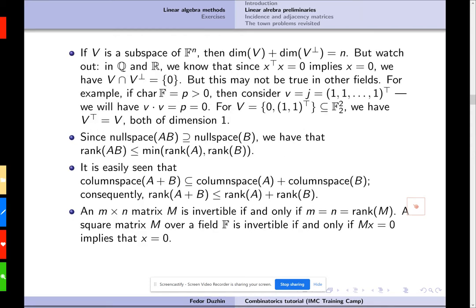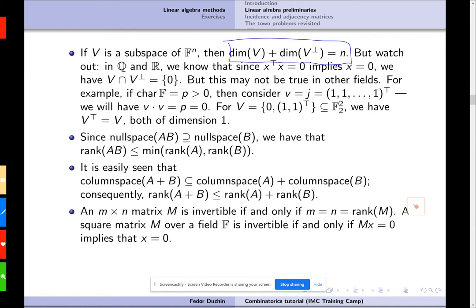Now if we have a subspace of the coordinate space F^n, and this is a bit tricky, it is always true that the sum of the dimensions of a subspace and its orthogonal complement is n.